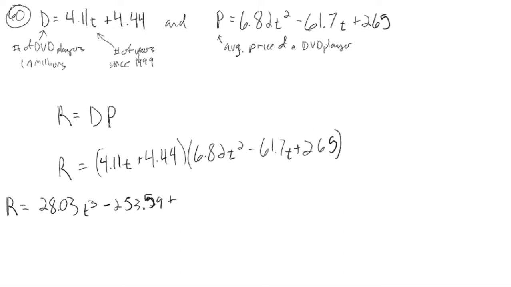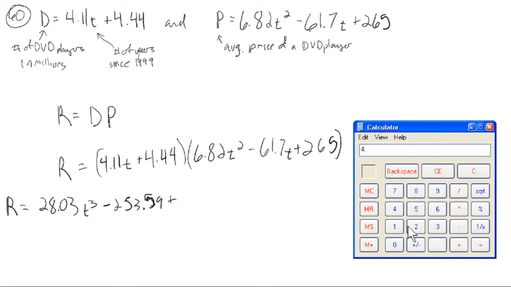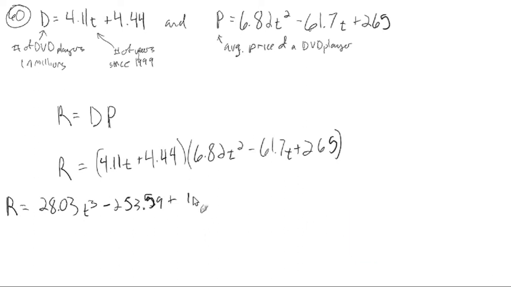So I need to figure that out. $1,089.15 t. Oh, and I apologize, I forgot the variable over here. This is when we did 4.11 times 61.7, and then we have t times t, so that's t squared. My apologies.